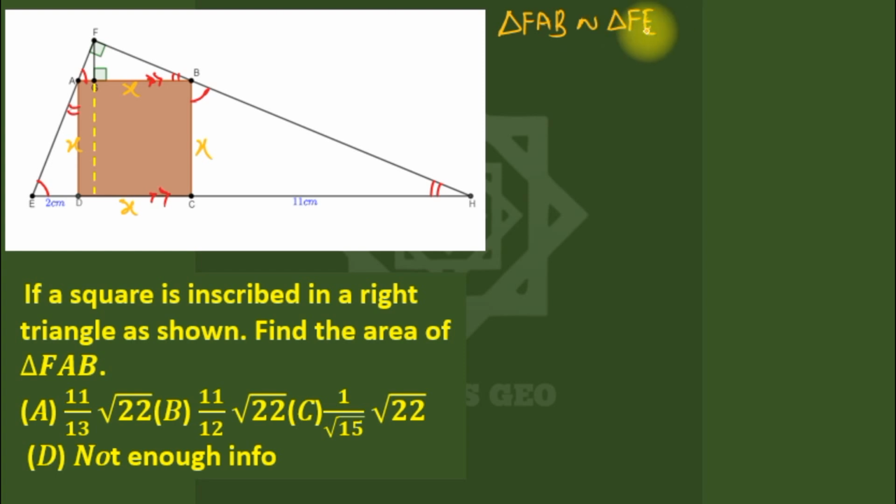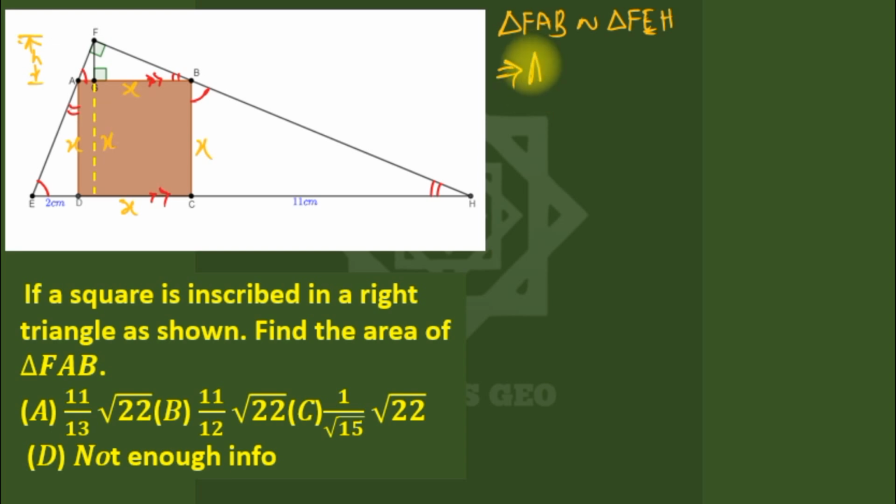FAB is similar to FEH, which implies that the ratio of the sides. So if I call here the height of the triangle h, we know that here is also x, this is x.